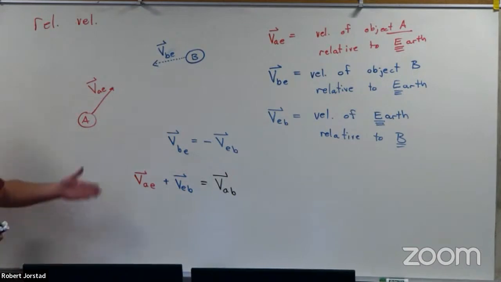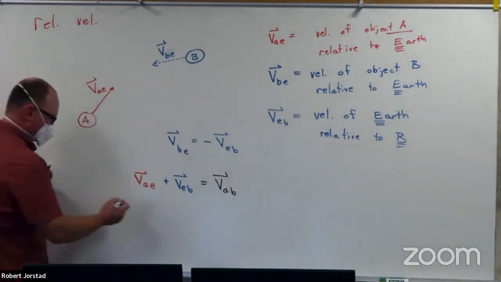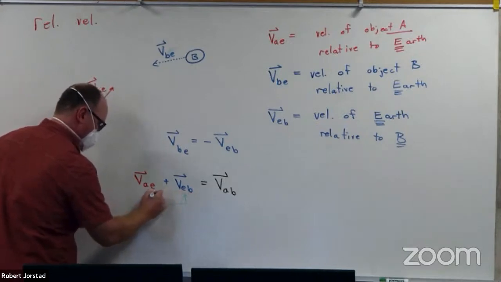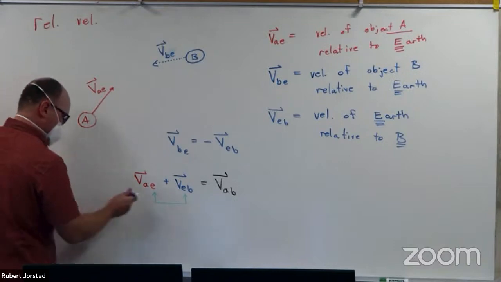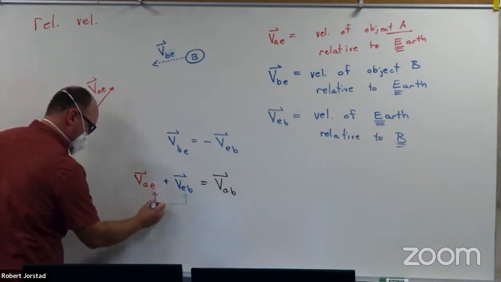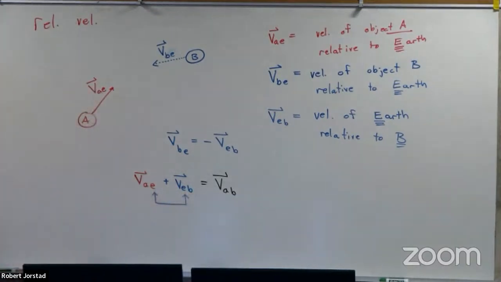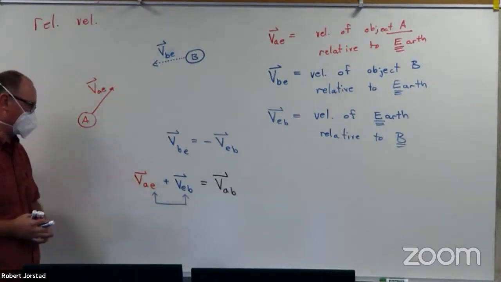I like to write this one. And here is why. My green marker stinks. Look at the letter E and the order of the subscripts. There's many different ways you can think about this, but this helps me work with these problems.